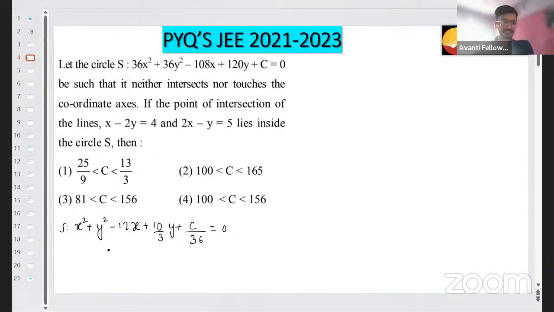Now, what is the center? I hope you can find the direct center. I have taught you in the lectures. 6 by minus 5 by 3. Correct? So it is given that this circle neither touches nor intersects the coordinate axis.